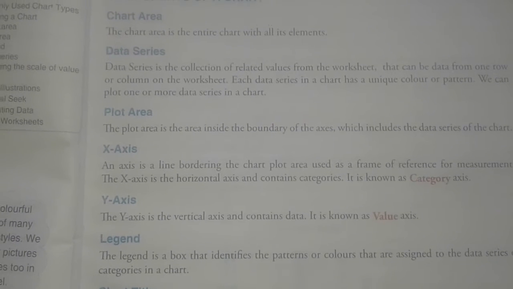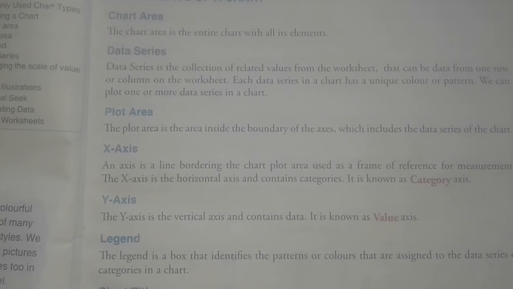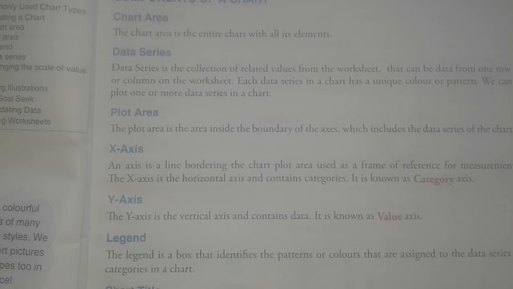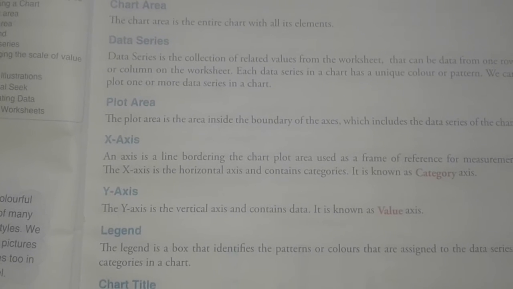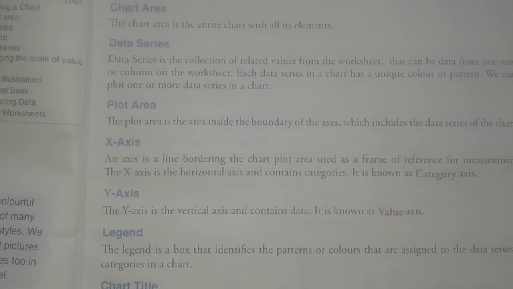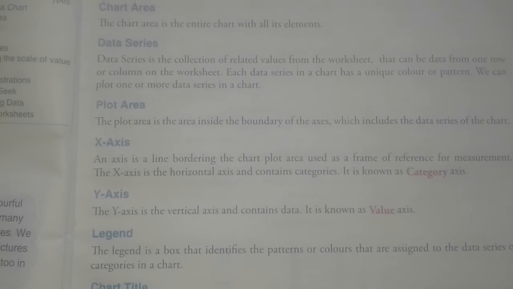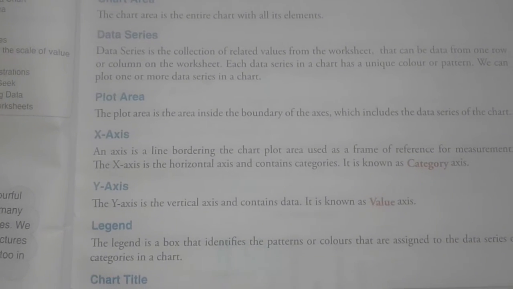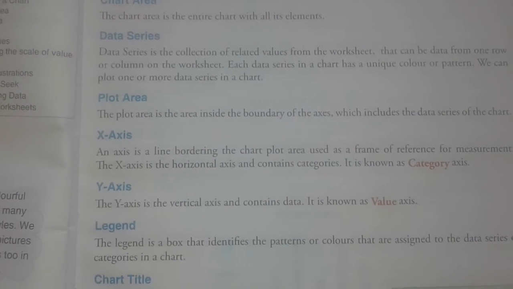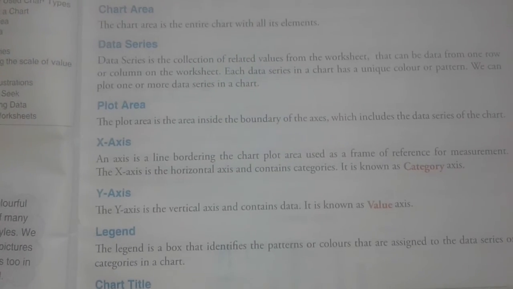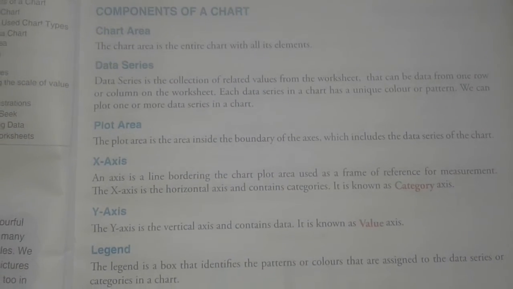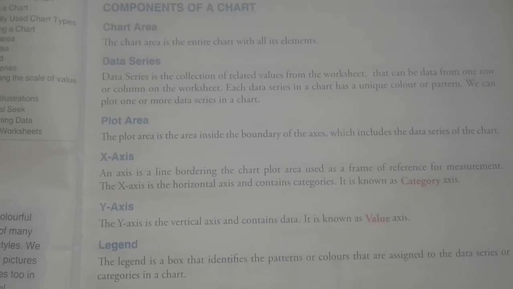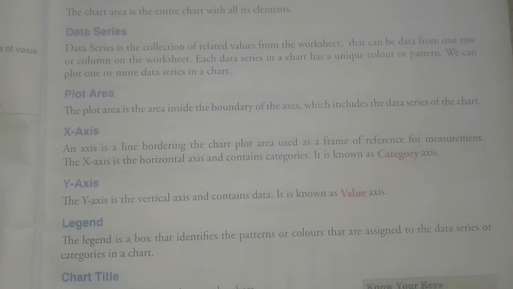Each data series in the chart has a unique color and pattern. We can plot one or more data series in a chart. And the chart area is the entire chart with its elements.